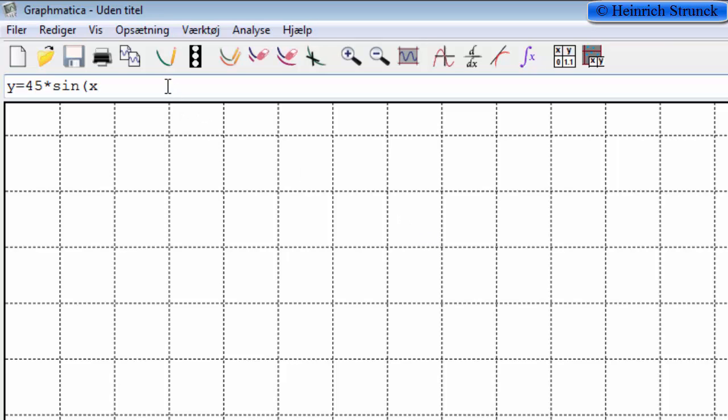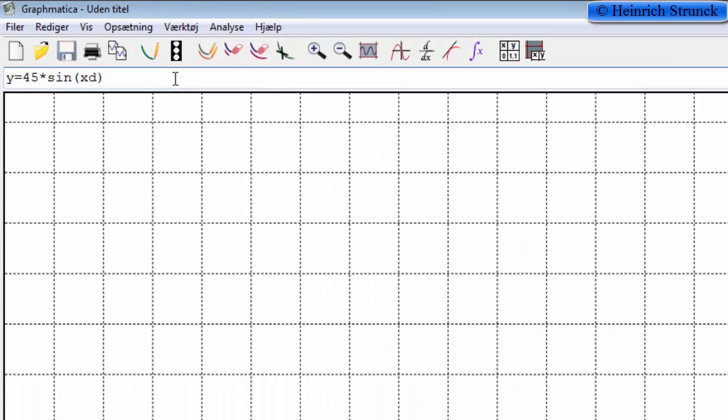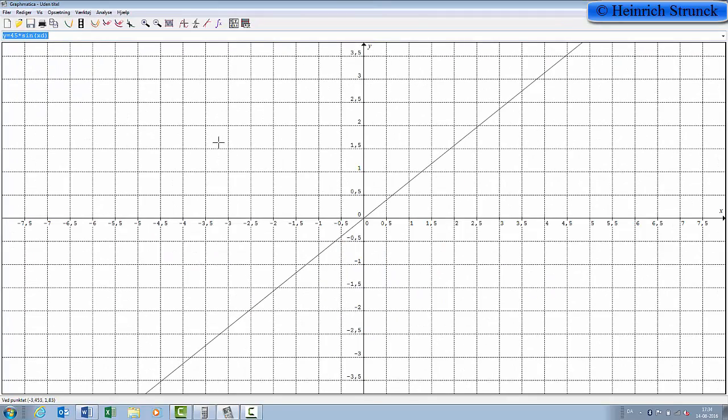Normally Graphmatica counts in radians, so after the x, we have to key in d for degrees. We enter brackets and press enter.